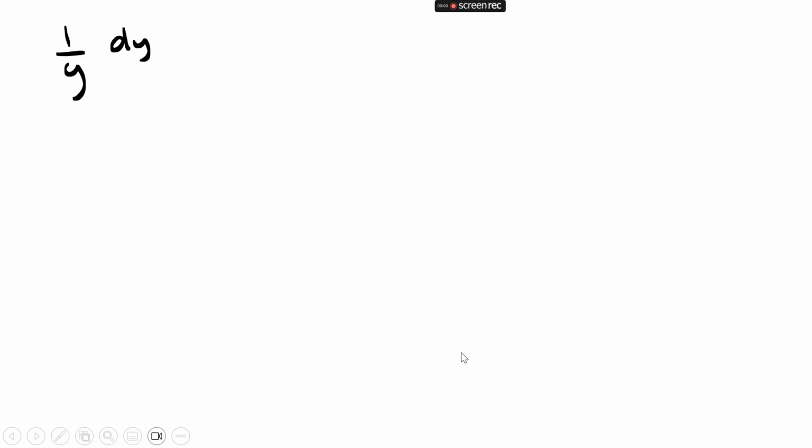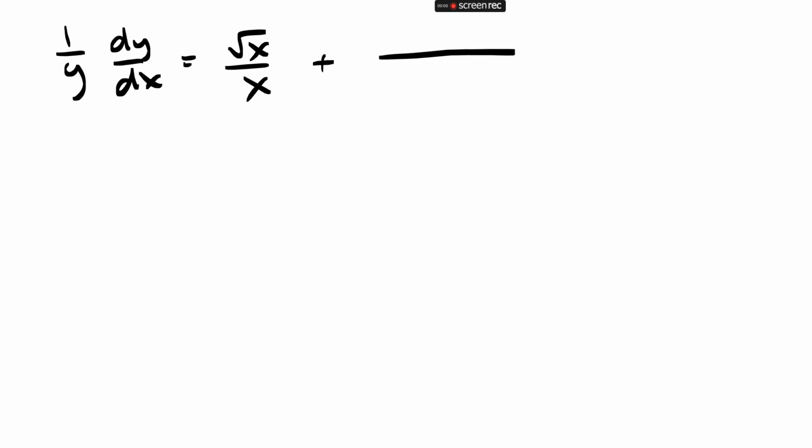So 1 over y dy dx. So from the previous slide, I have a square root of x over x plus, I gotta think with me, see what you guys got. I have a ln on top of a 2 radical x on the bottom. All right, the question usually comes up, do I have to get common denominators and put all that stuff together?